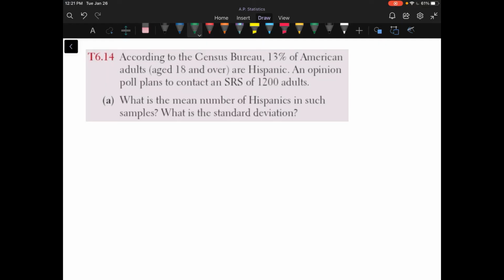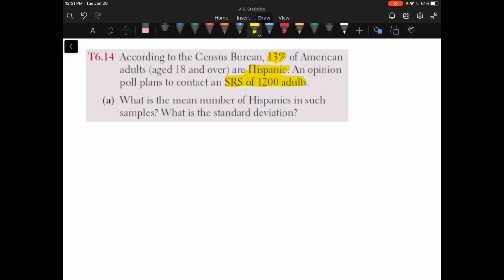All right, our next example. According to the Census Bureau, 13% of American adults aged 18 and over are Hispanic. An opinion poll plans to contact an SRS of 1,200 adults. So we're going to take a simple random sample of 1,200 adults.